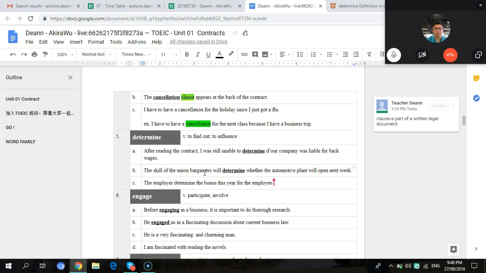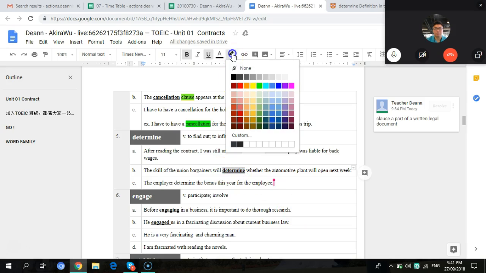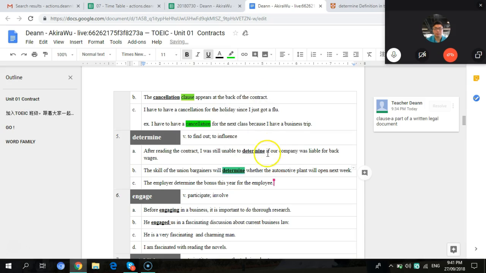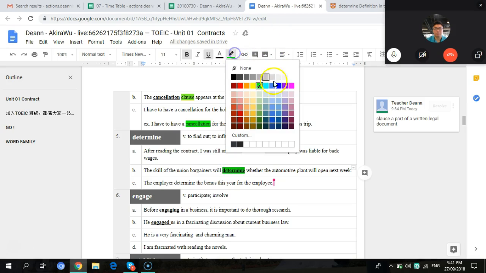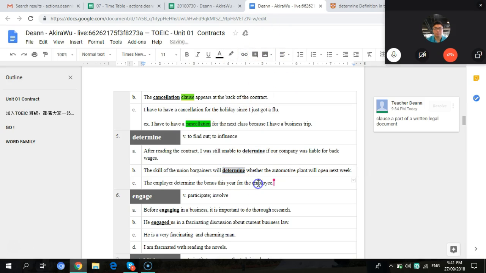Is it to find out or to influence? Influence. Okay, so their skill will control or influence whether the automotive plant will open next week. So it will be up to them.